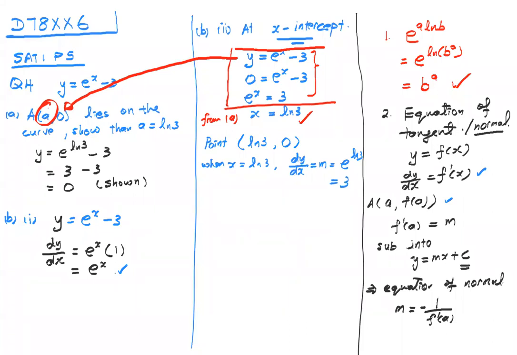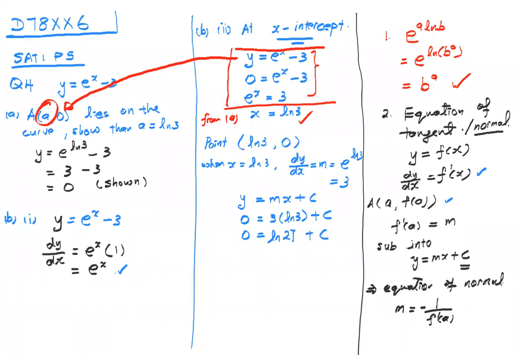So I substitute in y equals mx plus c. So y is 0, gradient is 3, x is ln 3, plus c. Okay, now if you want to make this look nicer, you can write there ln 27.